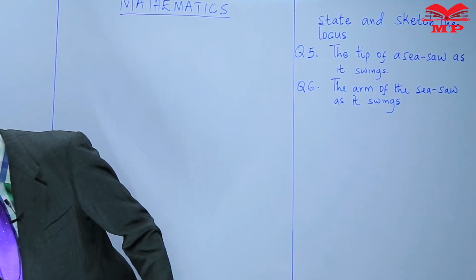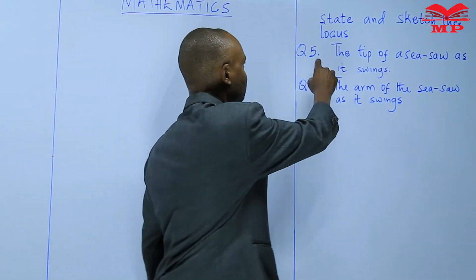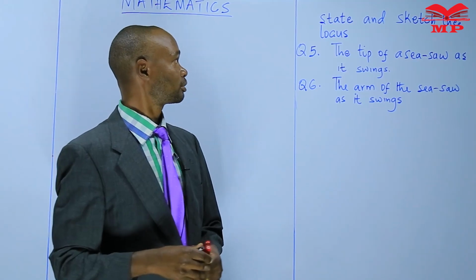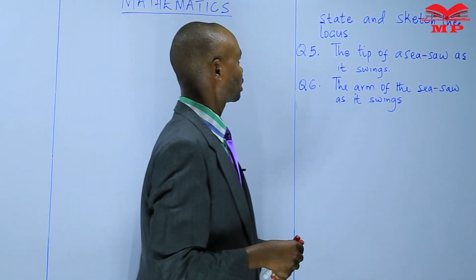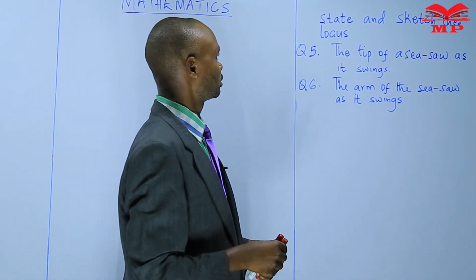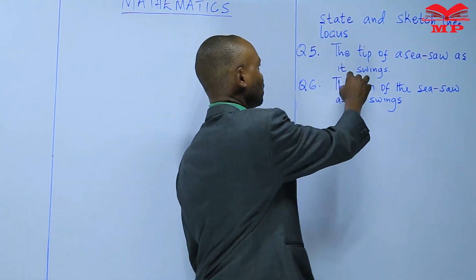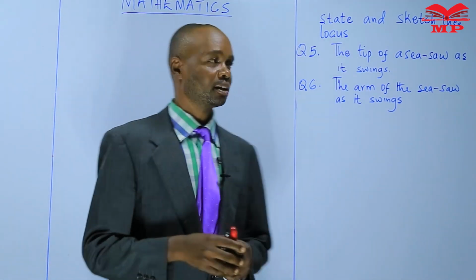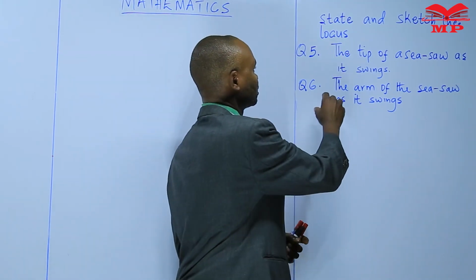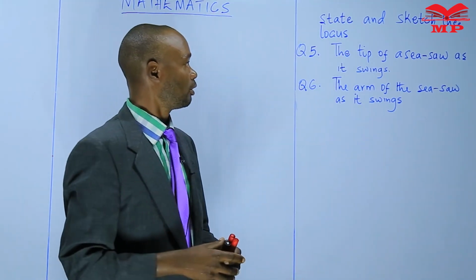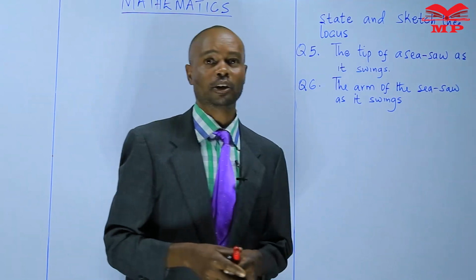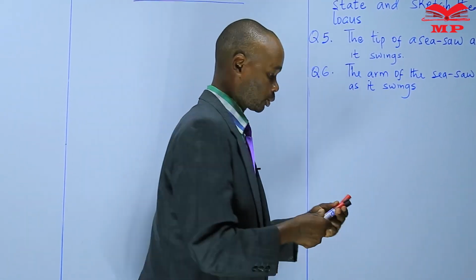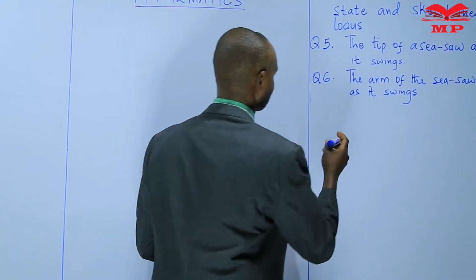In question 5: state and sketch the locus of the tip of a seesaw as it swings, and in number 6 we have: get the locus of the arm of the seesaw as it swings. So we shall go to getting the solutions.